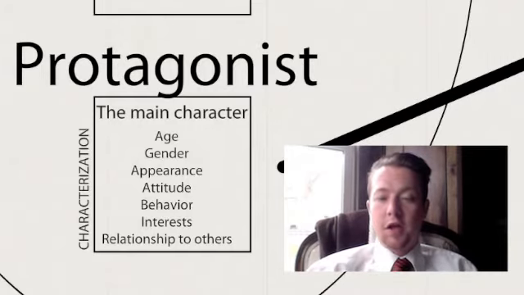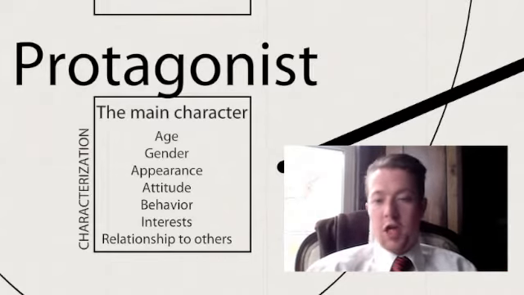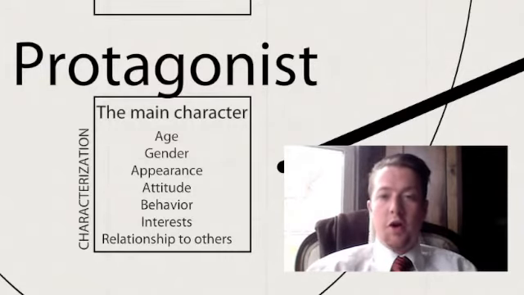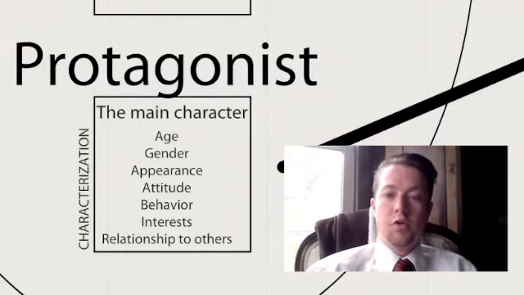We look for things that we would use to describe them as if they're real: their gender, their age, etc., but also their behavior, their attitudes, their beliefs and values, what motivates them. Those types of things are also characterization. Characterization is all of the details an author uses to create a lifelike or realistic character.